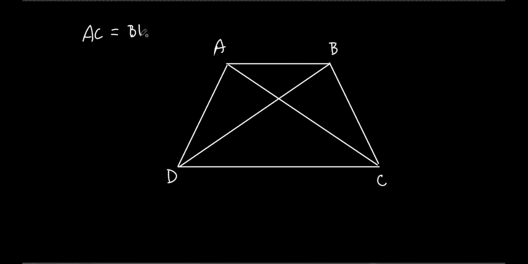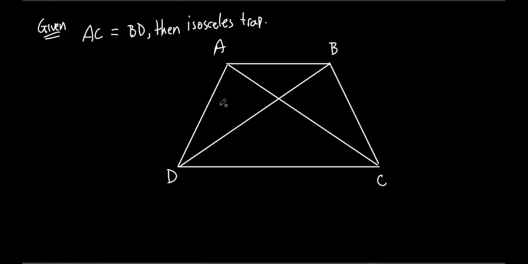What if they told me that? That's given. So if it's given that AC is equal to BD, what could I say about this whole entire trapezoid? If these two are equal, then it's an isosceles trapezoid. I'll just shorten trapezoid to trap. Everybody see that? So if the diagonals are equal, then it's an isosceles trapezoid.